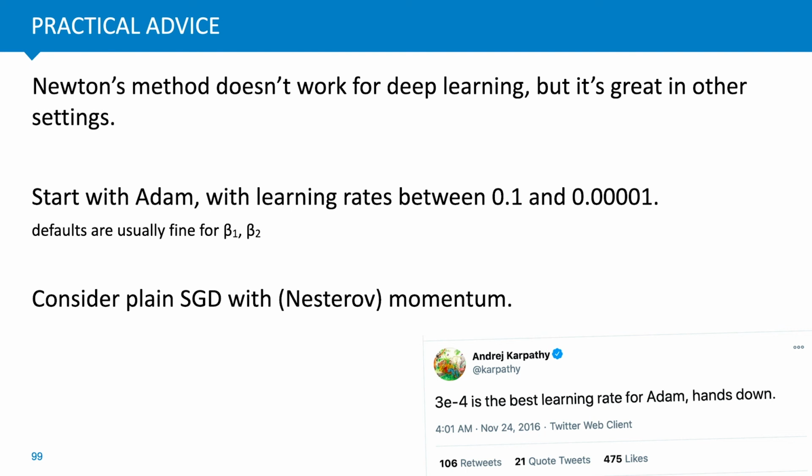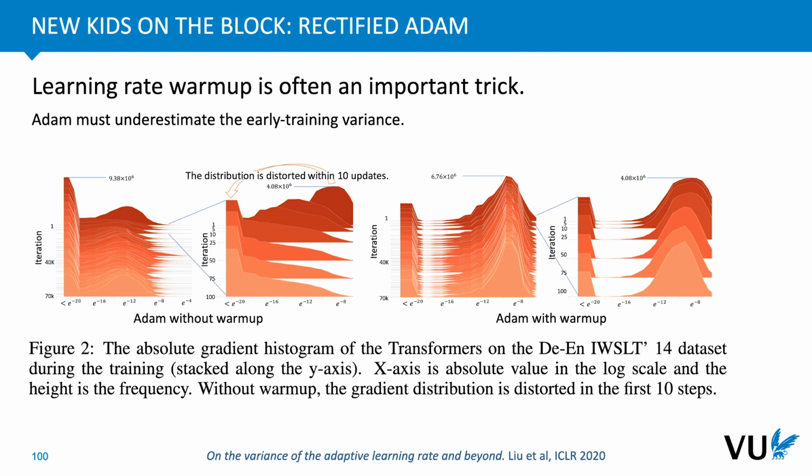So to finish up, let's look at 3 developments from the last 2 years in the area of optimizers. The first that we'll look at is rectified Adam. Rectified Adam is born out of the observation that a lot of people found that in using Adam, they required a learning rate warm-up. So the conclusion is that Adam must in some way underestimate the variance observed in the early training and not properly correct for that.